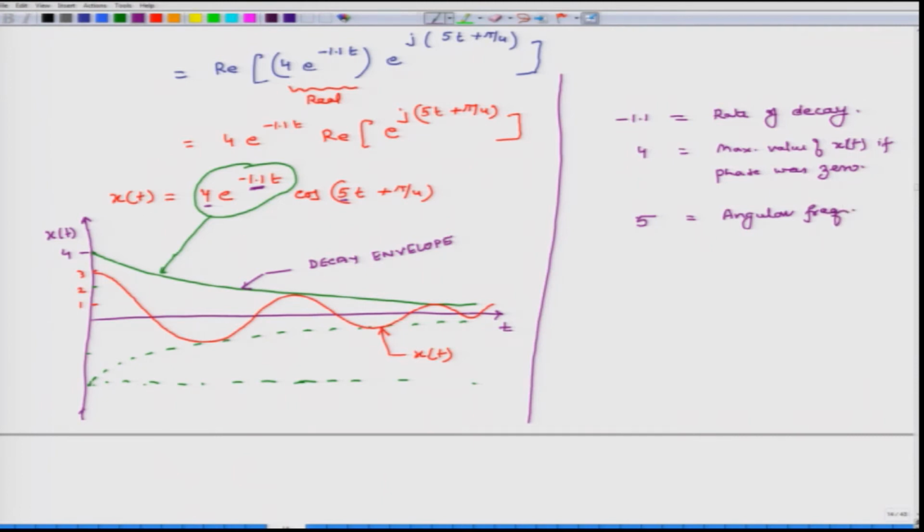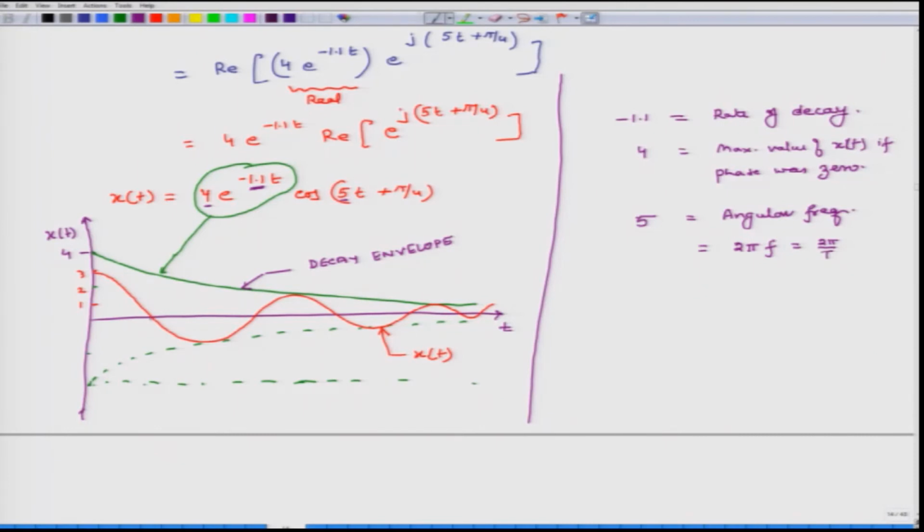It is the angular frequency, and this is equal to 2 pi times the frequency of the system. So, if I know the angular frequency 5, then from this I can calculate the frequency of the system, which is 5 by 2 pi, or I can also call it 2 pi over T, where T is the time period.